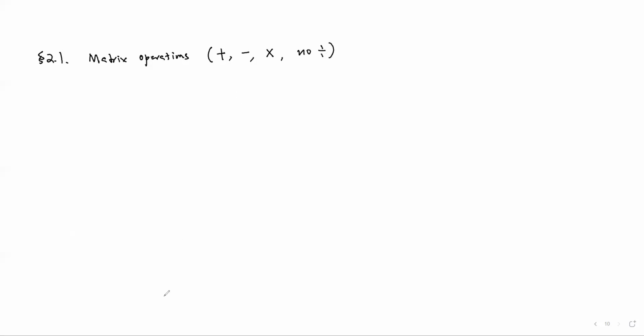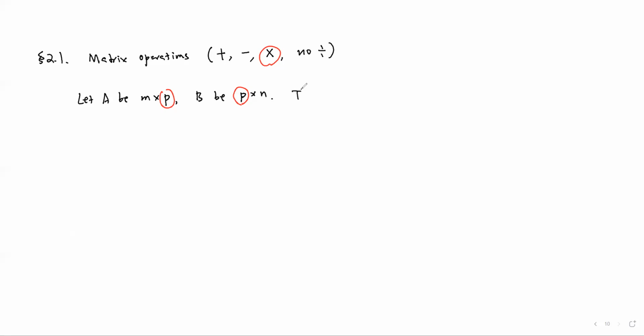The difficult one is multiplication. Let me present the formulas to compute A times B. Let A be M by P, and B be P by N. Pay attention: the number of columns of A should match the number of rows of matrix B. Otherwise, A times B is not defined or not computable.